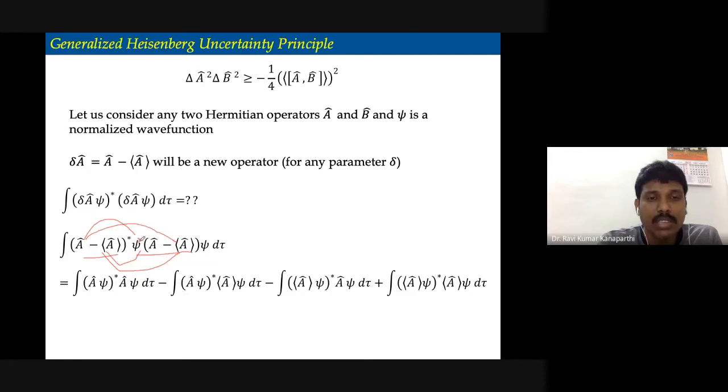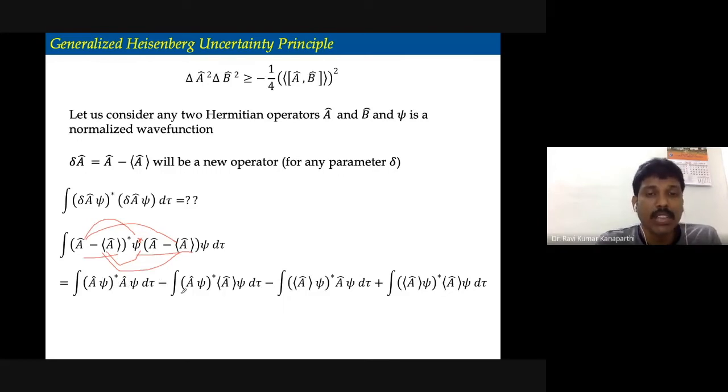I made a mistake. Here is already the complex conjugate, psi star, and then A, and then from here psi. So that is what is written here: the complex conjugate of A psi multiplied by A psi d tau. That is the first term.